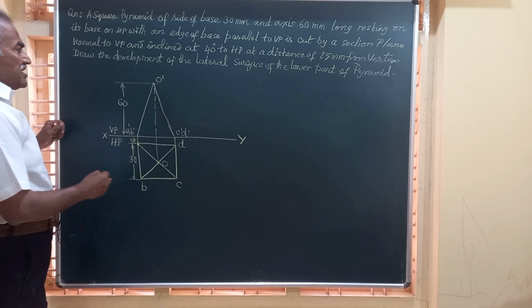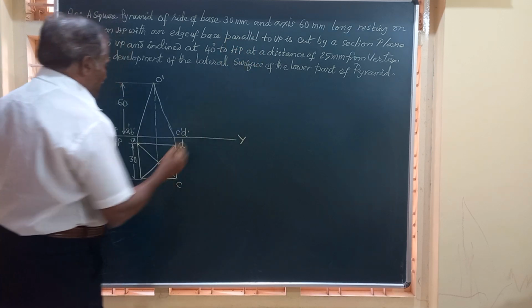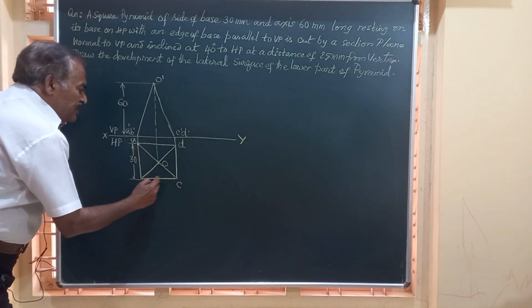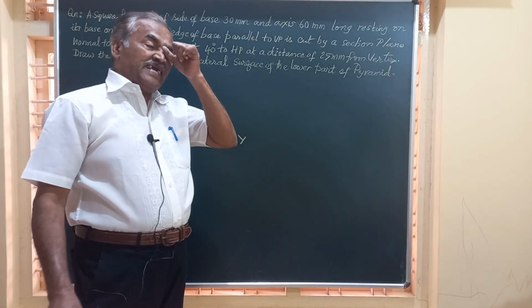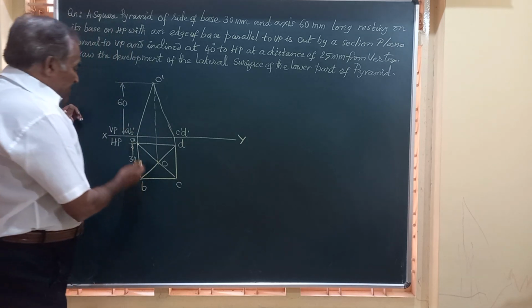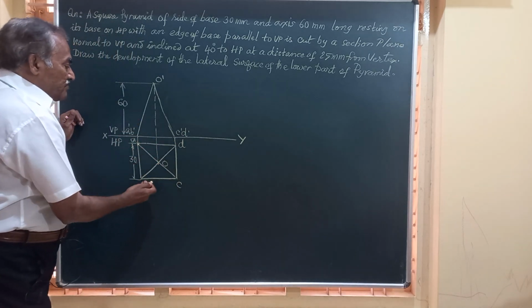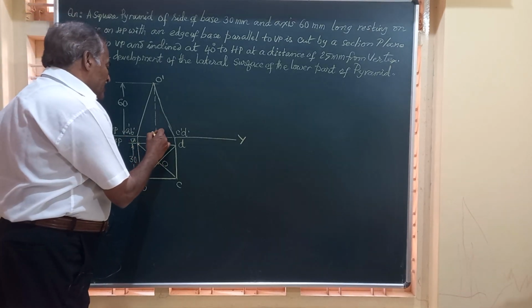Friends, here you can see, as per the question, one edge of the base is parallel to VP. So this AD is parallel to VP, or BC is parallel to VP. And the same problem can be stated as one of the edges perpendicular to VP, or two edges of the base perpendicular to VP. Friends, it is all one and the same.